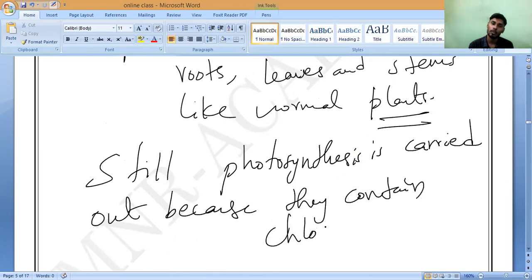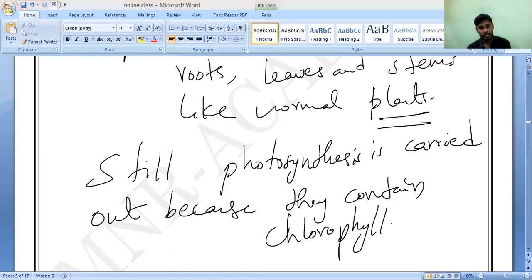They contain chlorophyll. That's all. So the only reason why they behave like plants is that they contain chlorophyll, except that nothing else is present.